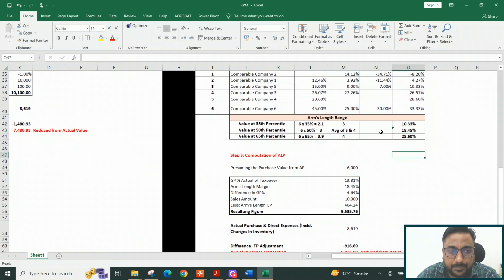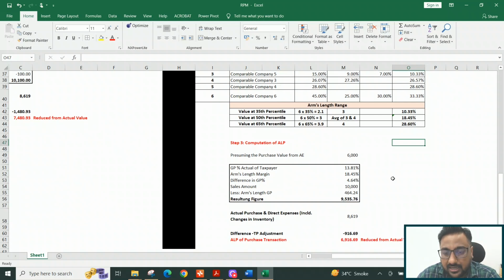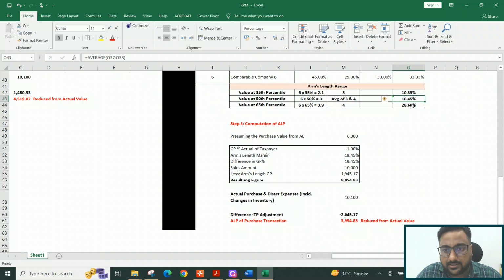Now I will perform the same steps which I performed earlier, and appropriately I will arrive at an arm's length price. Median is 8.45%. In a similar manner to what we computed in the earlier scenario, the arm's length price will be computed, presuming that 6,000 was the purchase value of the goods purchased by the taxpayer from its AE.